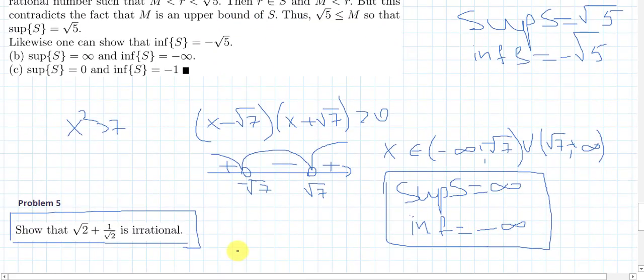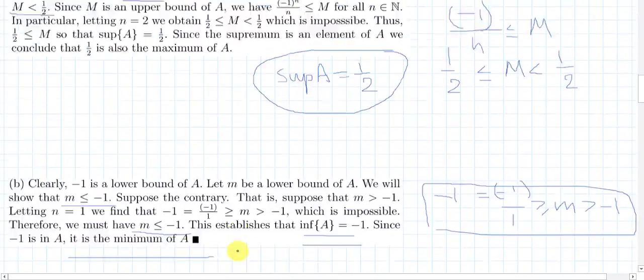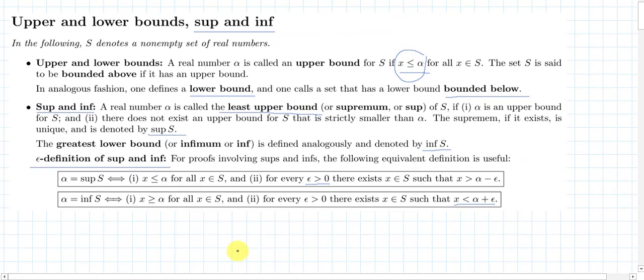So we can summarize that the supremum of the set is the least upper bound. This is what we call supremum. How to find the supremum?